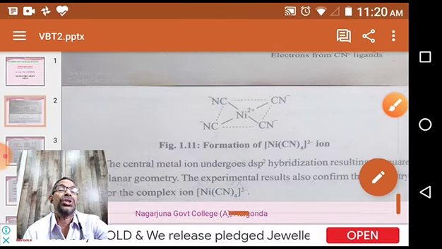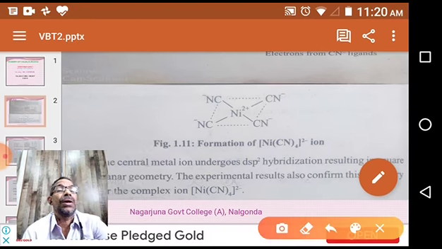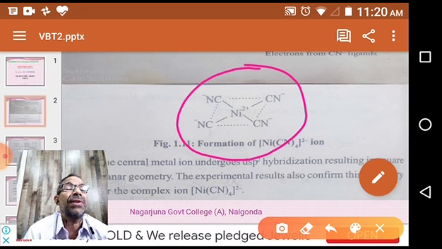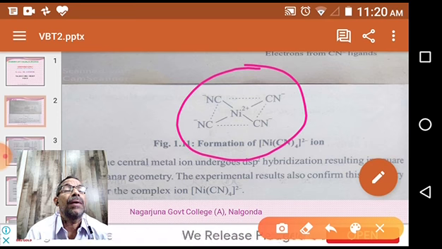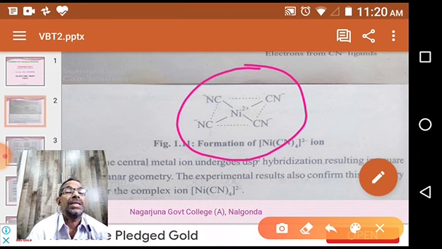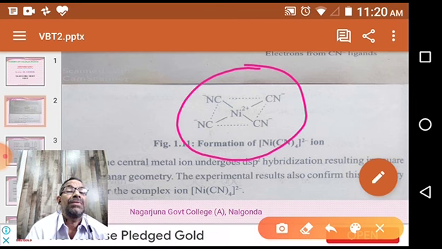So this is the shape of the complex, you see. In this complex, the nickel ion is at the center of the molecule. Then it is bonded with the 4 cyanide ions. Nickel 2+ exhibits dsp2 hybridization. It is diamagnetic in nature. The shape of the molecule is square planar.